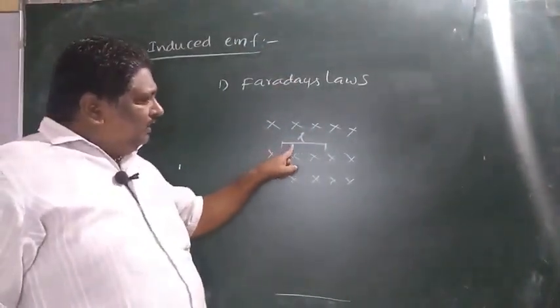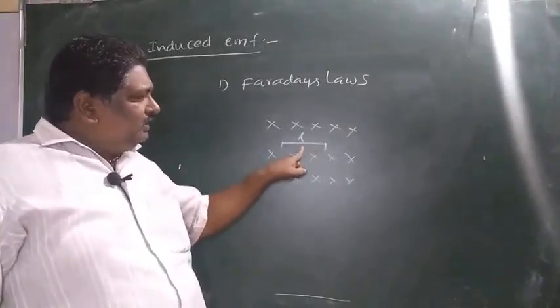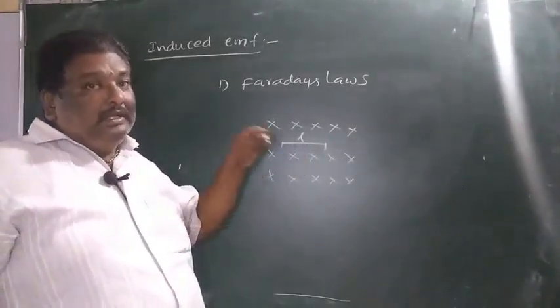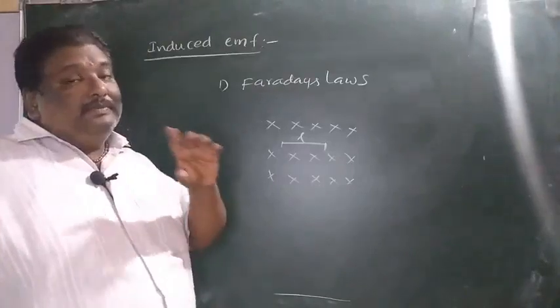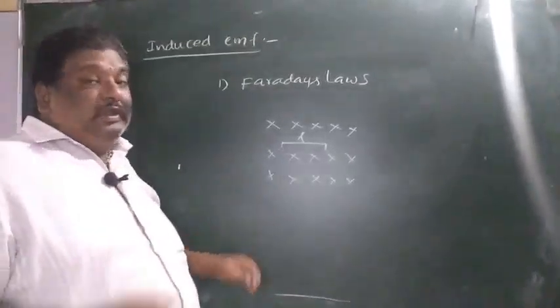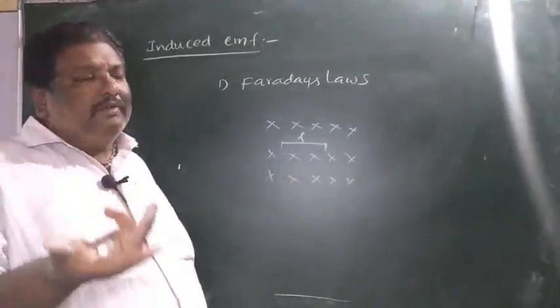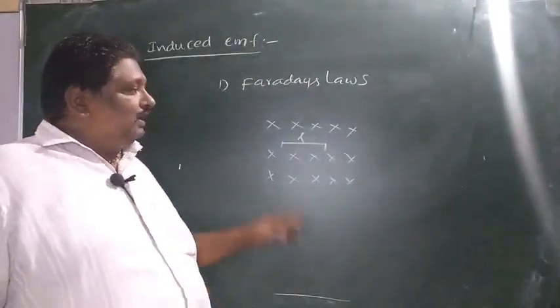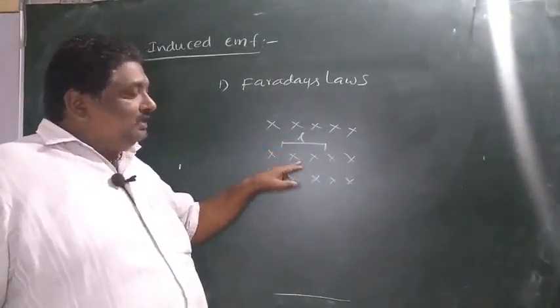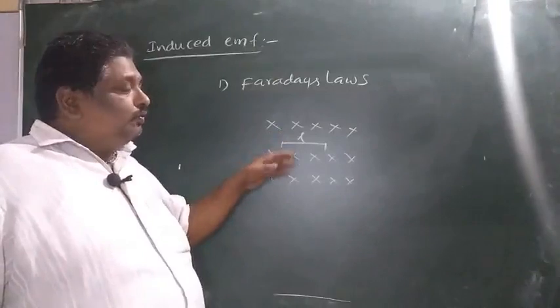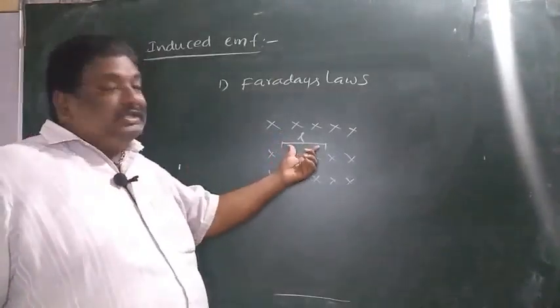Already in this copper wire, atoms are present, and in the atoms electrons are revolving. An electric charged particle revolving produces a magnetic field. That magnetic field and this external magnetic field push against one another due to this relative motion.